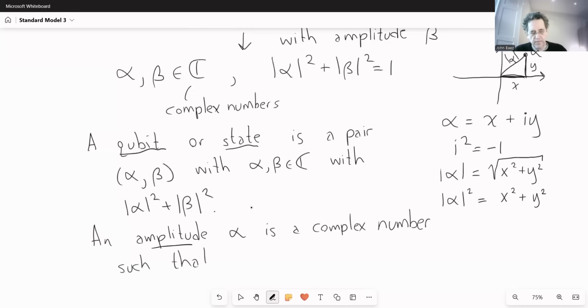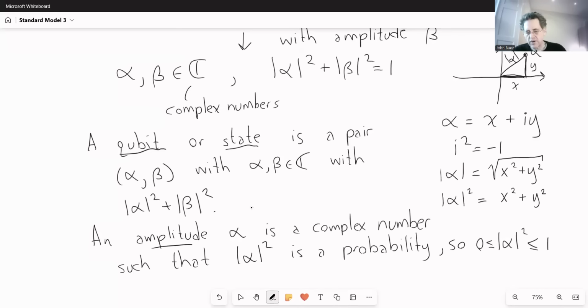And the way you get a probability from an amplitude is you take its absolute value and you square it. So for that to even work, it's got to be true that this absolute value of alpha squared is between 0 and 1. It will always be greater than or equal to 0, but it has to be less than or equal to 1 as well.